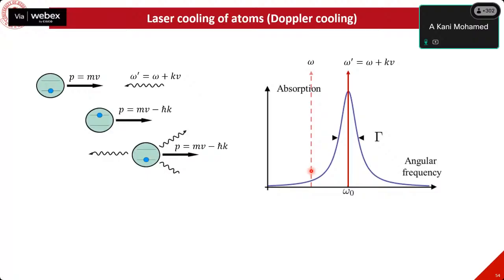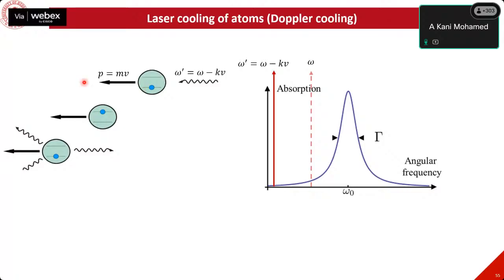Then the atom will see this laser at its resonance frequency, so it is going to absorb effectively and then it gets cooled down. So if we use a red detuned laser, we can effectively cool the atoms which are moving towards the laser light. But what if the atom is moving in the opposite direction?